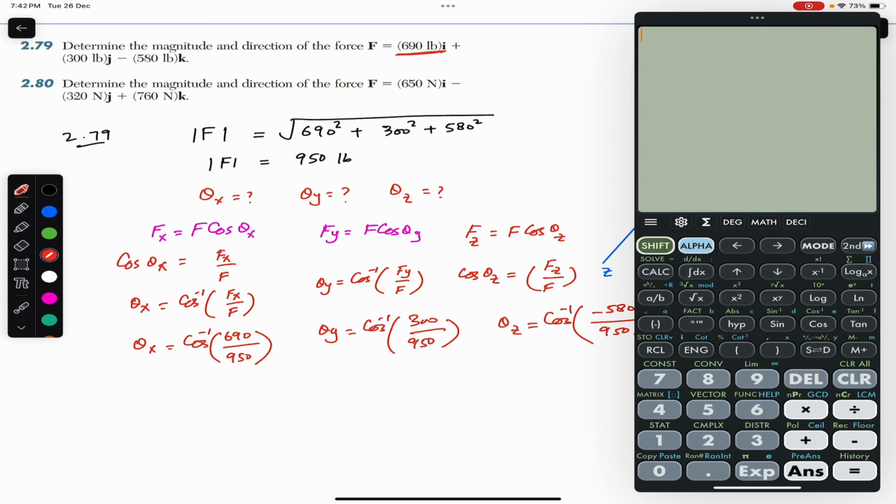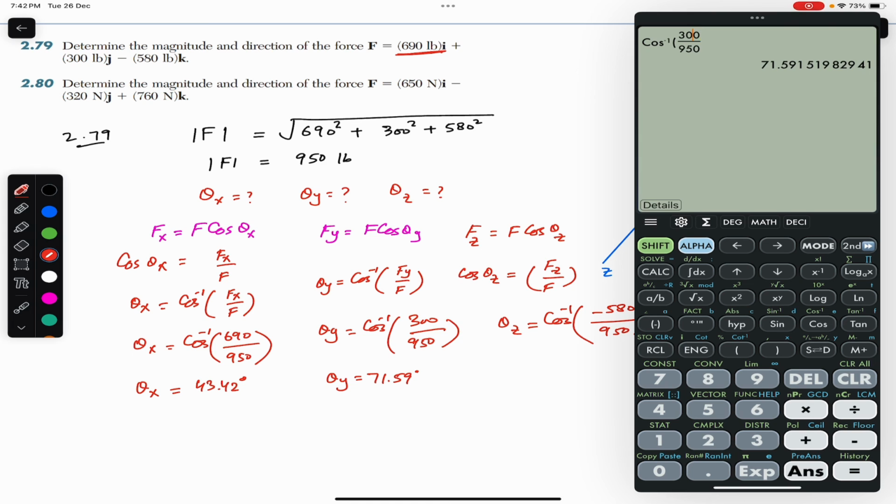So cos inverse 690 divided by 950 gives me theta x as 43.42 degrees. This is less than 90 degrees. And similarly, theta y will be cos inverse 300 divided by 950, so that is 71.59 degrees.